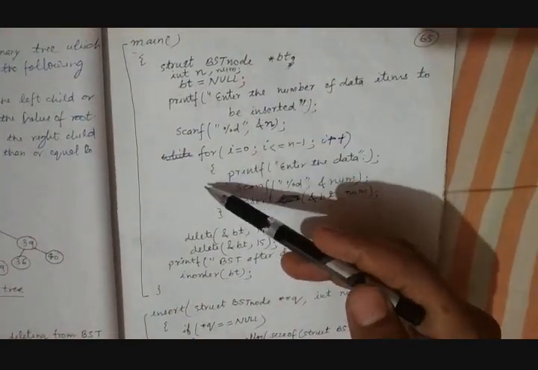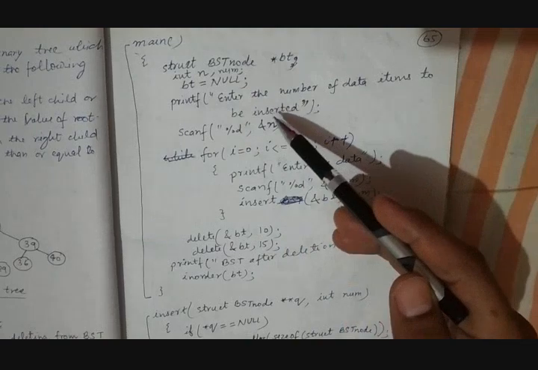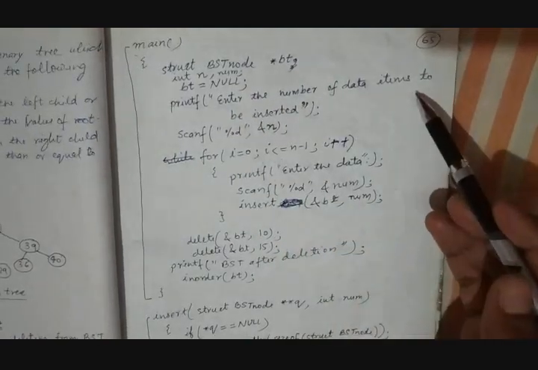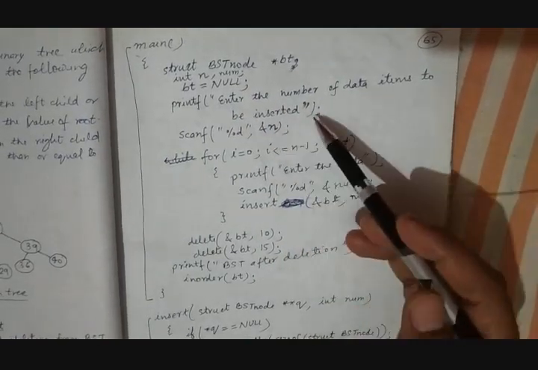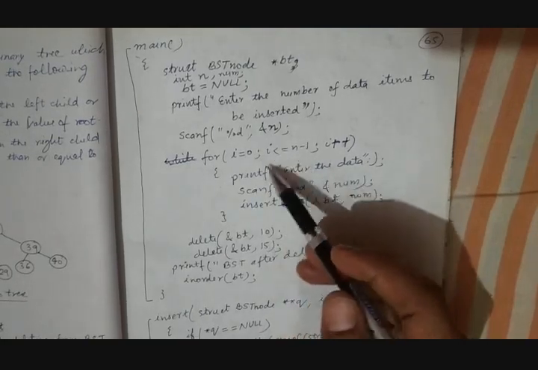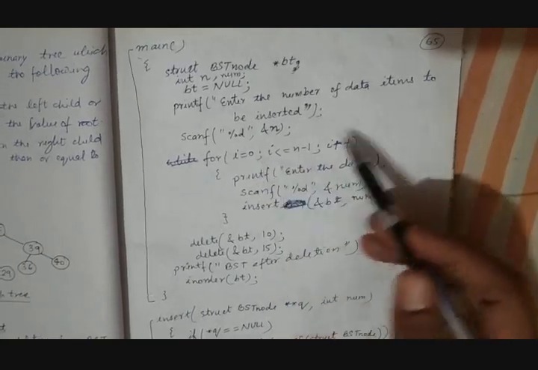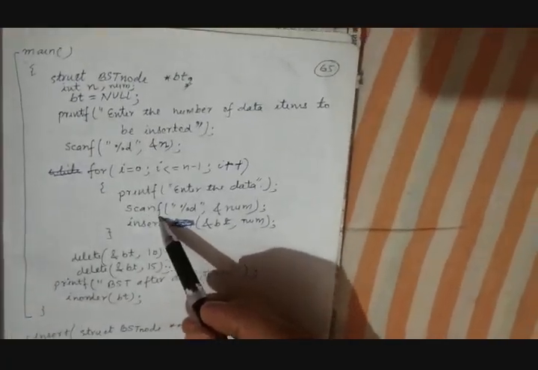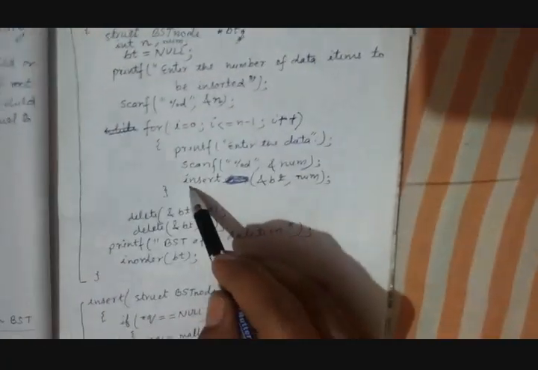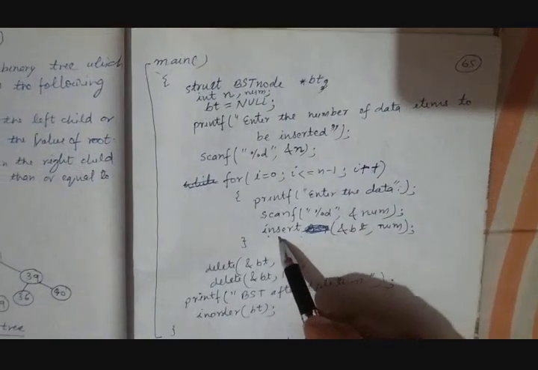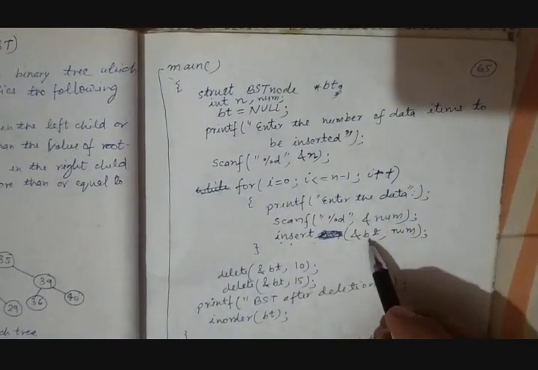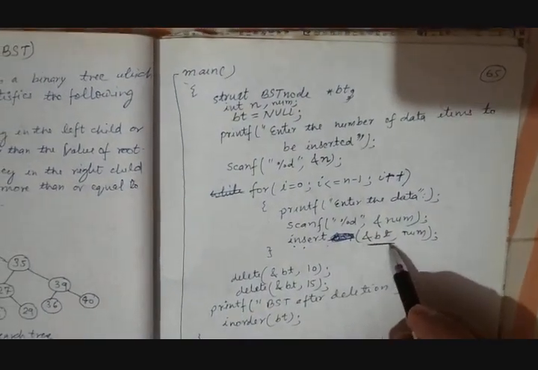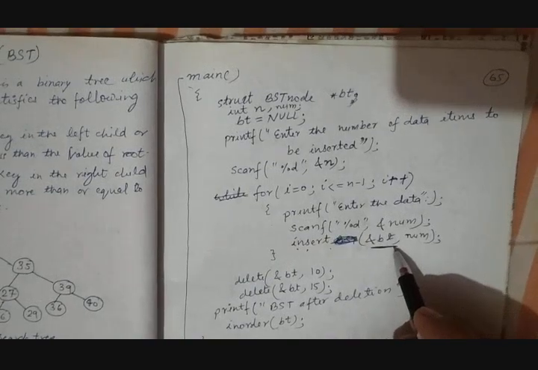Now this is the main method, no need to discuss it. We are just asking for the number of items to be inserted, and for each node, inside a loop, we are asking the user to enter the key value, and then we are calling the insert function. Here we are passing the address of the root node.